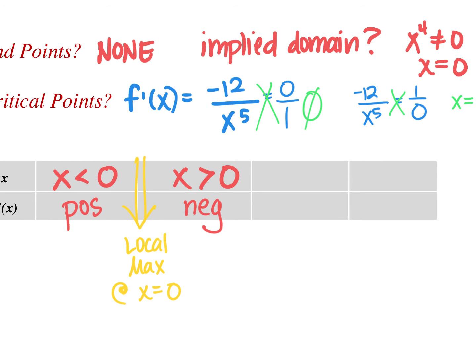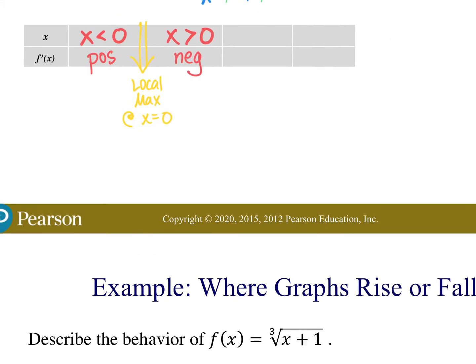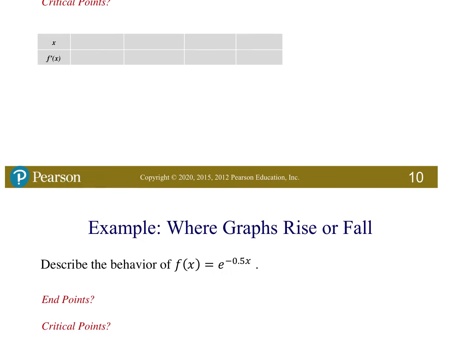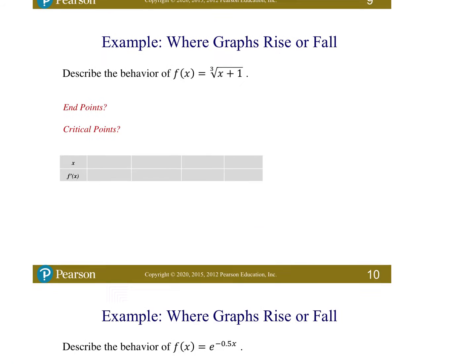Every time there's any kind of change, it's a local something. If there's no change, if it was negative and then it stayed negative, that's nothing. If it's positive and it stays positive, that's nothing. It's only if it changes from one to the other. Stop me if you have questions, okay?